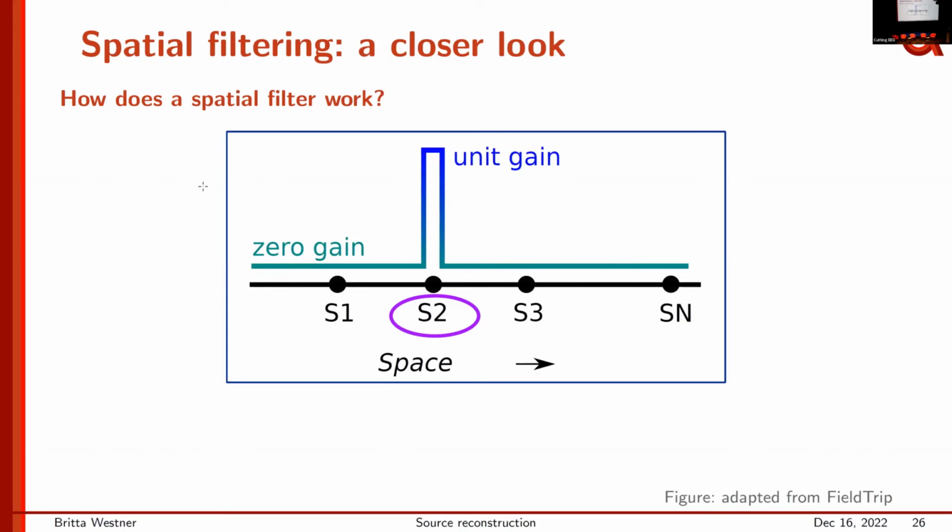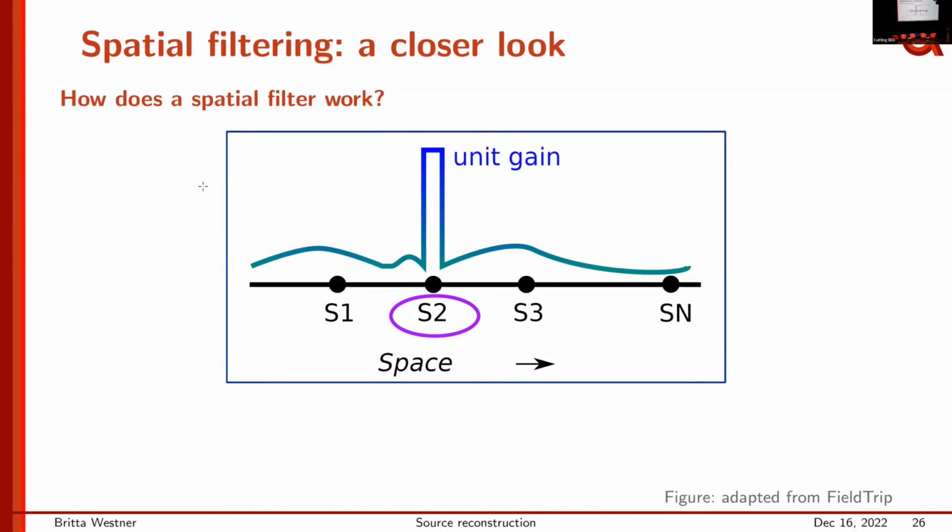2 terminologies we use here is we want our filter to give back the activity that was at that source in the real world scenario of recording the data with unit gain. And the rest should be 0 gain. So the other neighboring solutions should not be entangled with the solution of this one source we are looking at this moment.